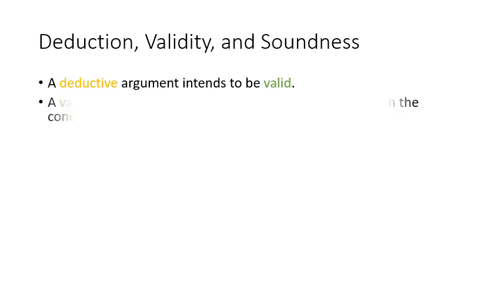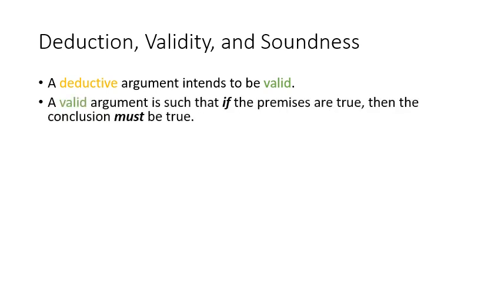All right, so let's dive deeper into this idea of deduction, validity, and soundness. Remember that a deductive argument is one that intends to be valid. And a valid argument is such, so this is the proof concept, that if the premises are true, then the conclusion has to be true, or must be true.